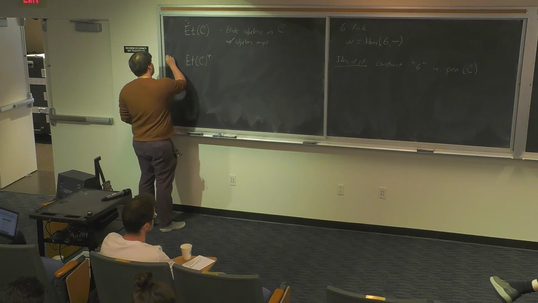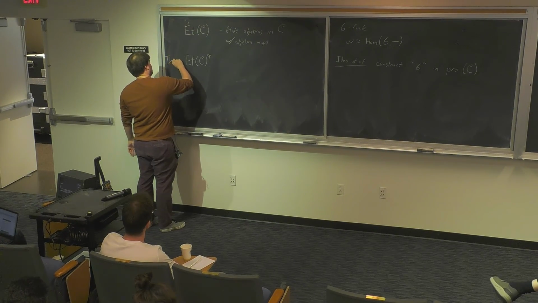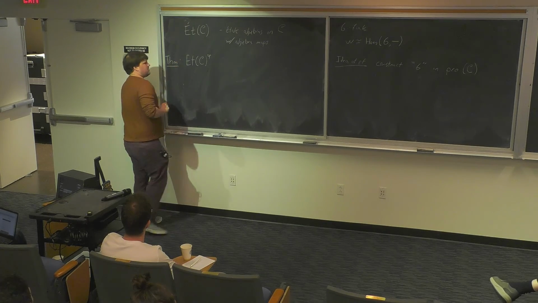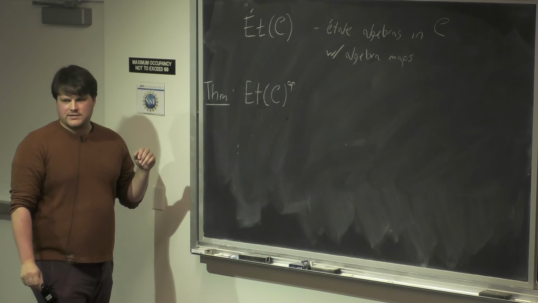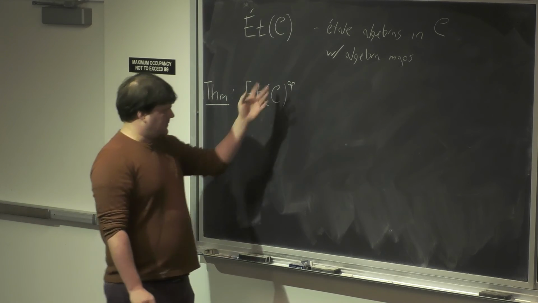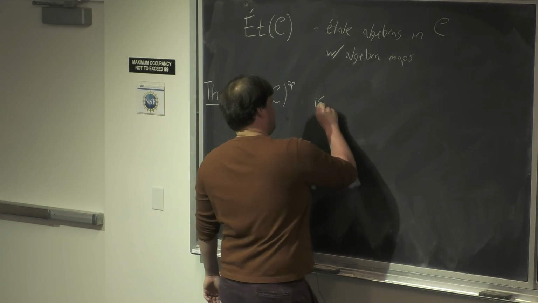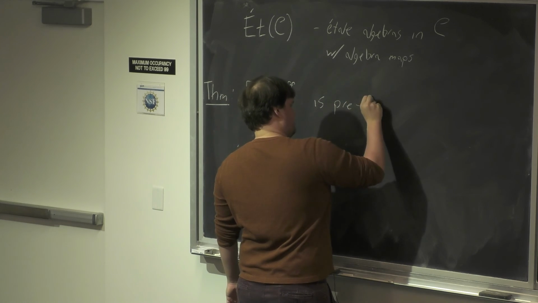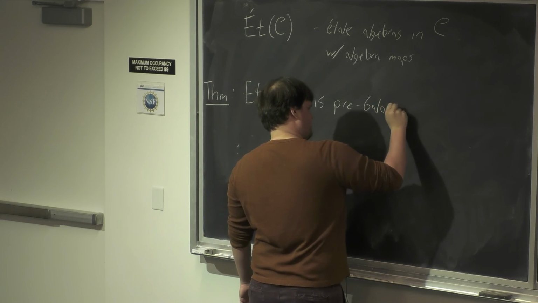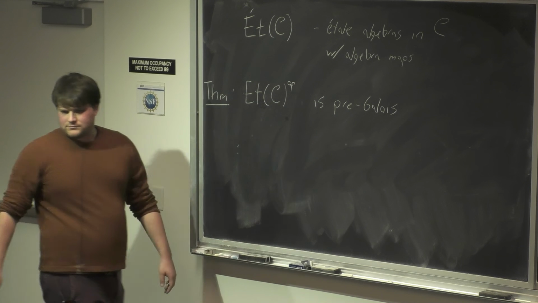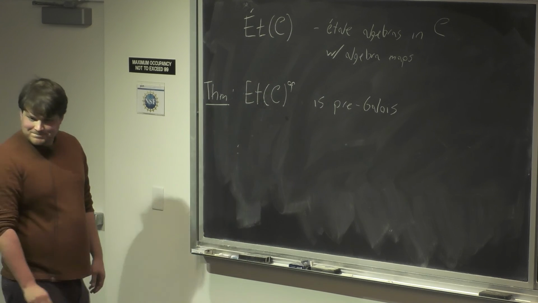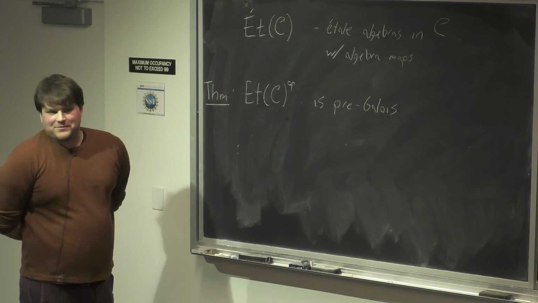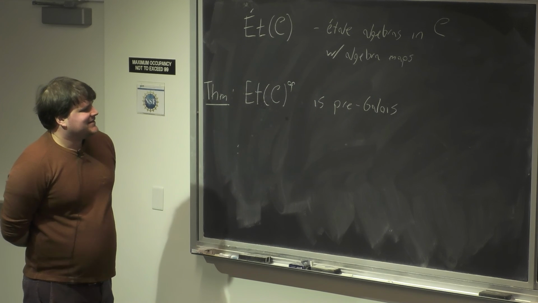And maybe the theorem is that this category of étale algebra objects, opposite, is pre-Galois, for any pre-Tannakian category.